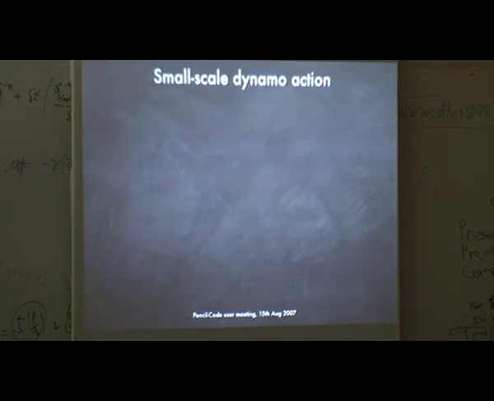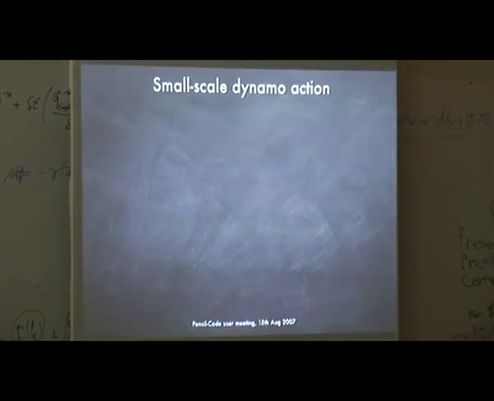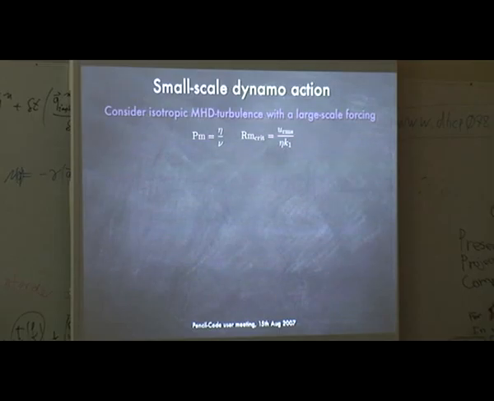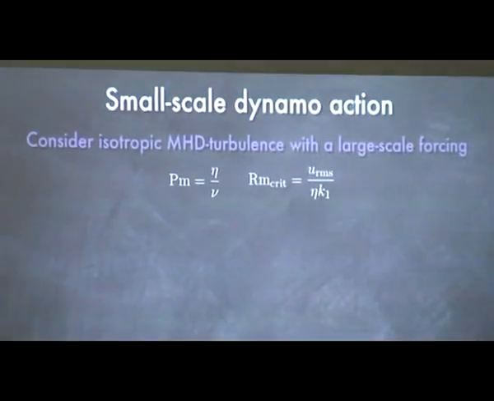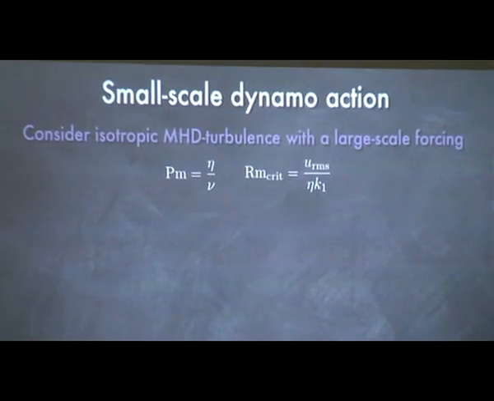So what we try to do here is small-scale dynamo action, and this is the simplest possible problem you can. Well, you could do it without magnetic fields, but then it wouldn't be a dynamo. So we just consider isotropic MHD turbulence with a large-scale forcing, and this is isothermal.